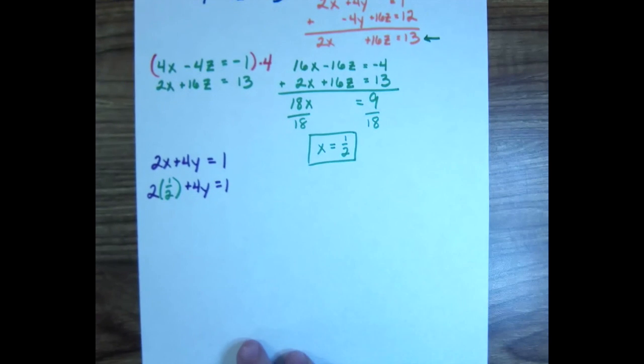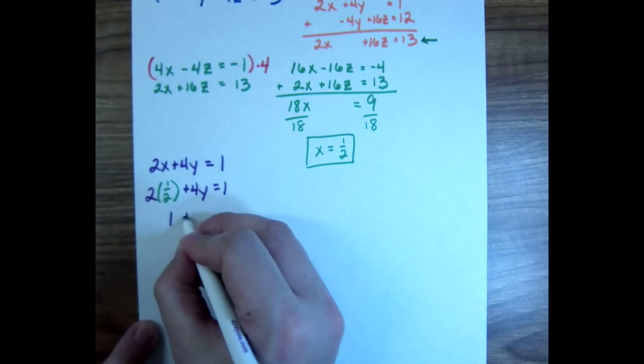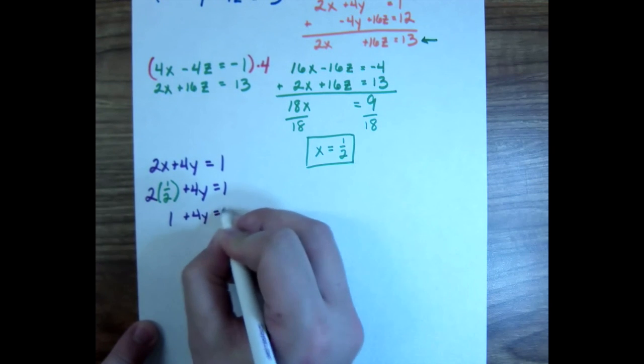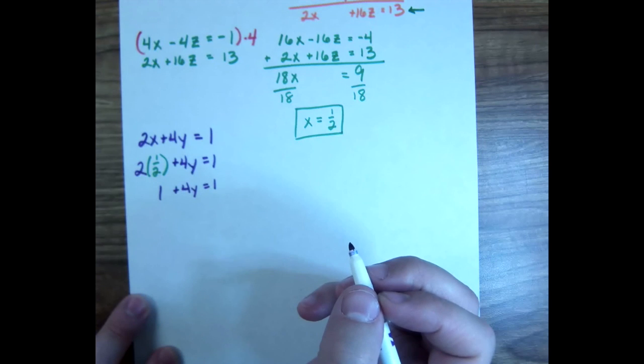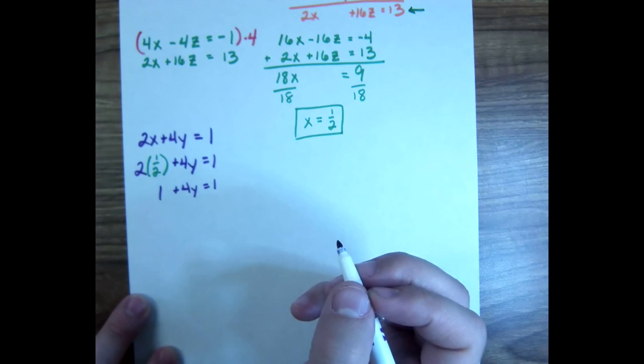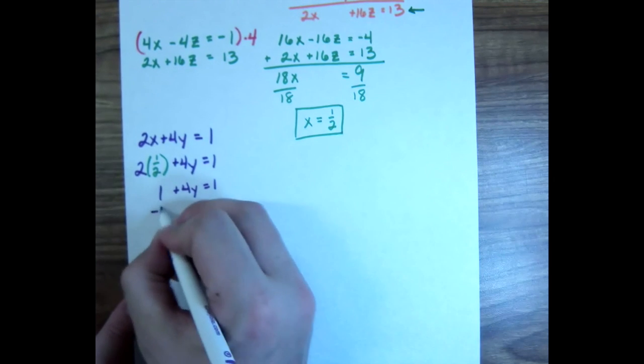Okay, what's 2 times a half? 1, good. So 1 plus 4y equals 1. Okay. And then minus the 1 on both sides, that is a good idea.